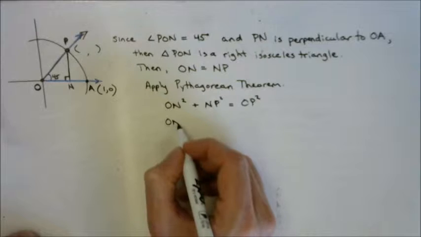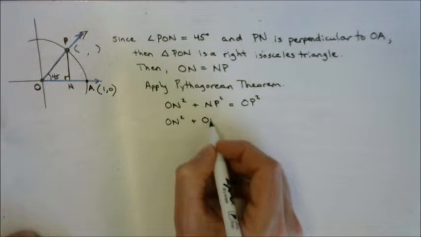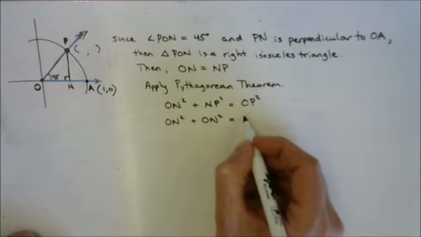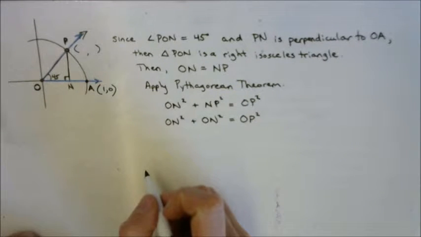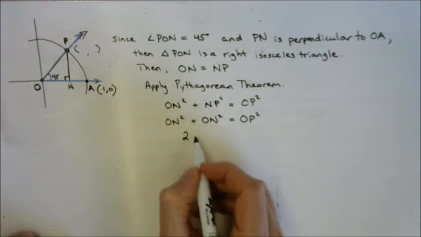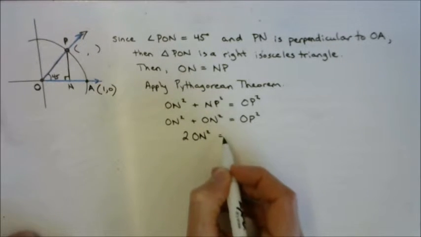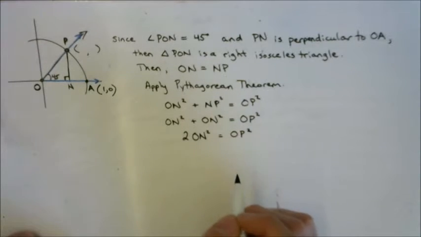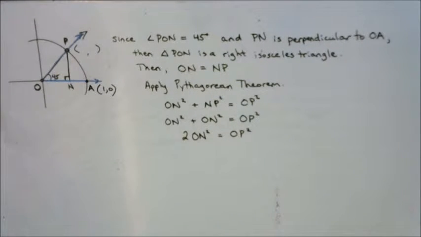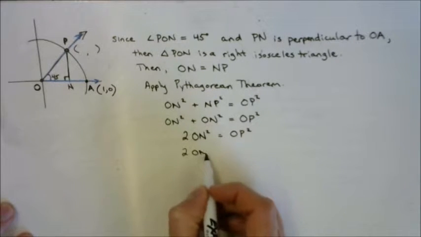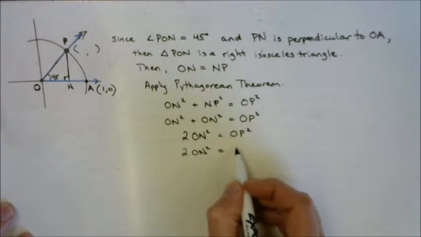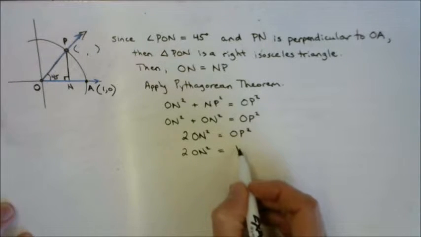So we could rewrite this as ON squared plus ON squared equals OP squared, which means that 2ON squared equals OP squared. And what's OP in a unit circle? Hypotenuse in a unit circle. It's always going to be 1. So now we know that 2ON squared equals 1. Or 1 squared, which is 1, right?